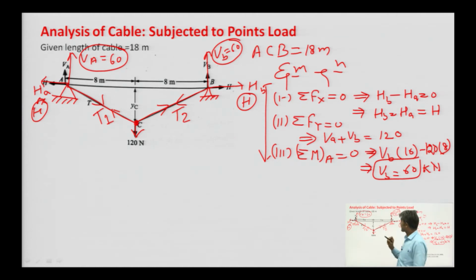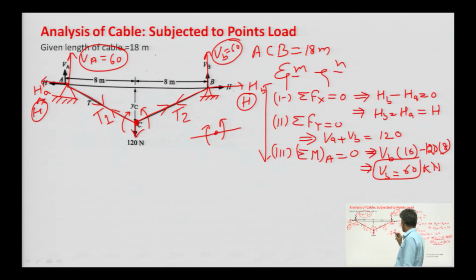The remaining support reaction to calculate is the horizontal thrust. To calculate this value, we need one additional equation, and that additional equation can be formed with the help of the property of the cable. What is the property of the cable? A cable has no resistance against bending at any point.